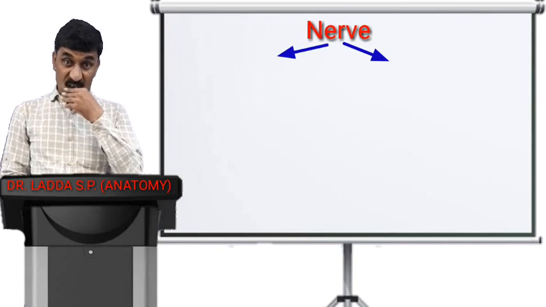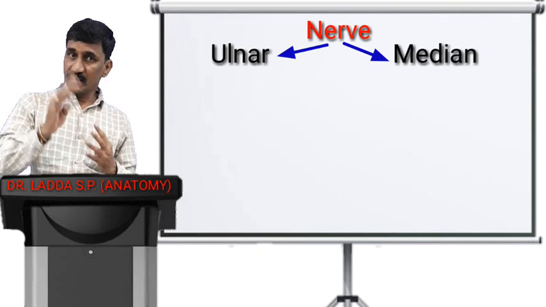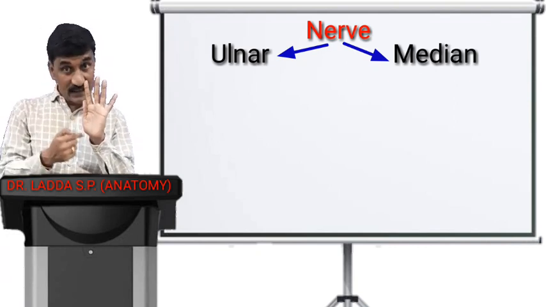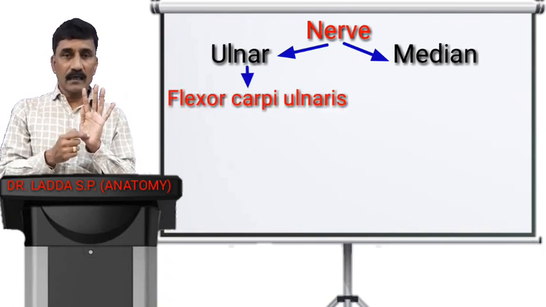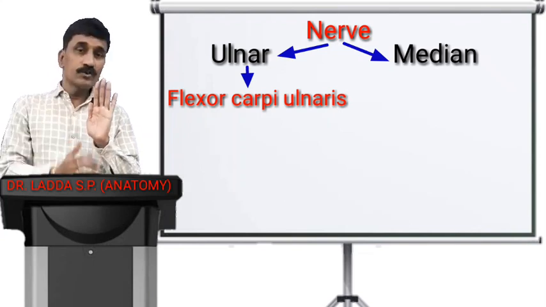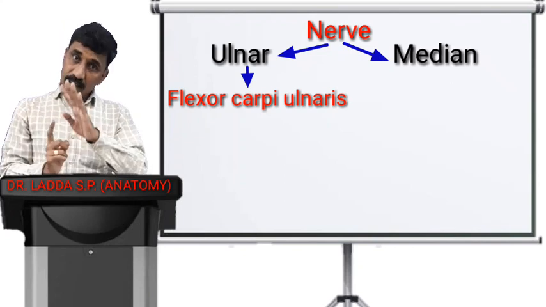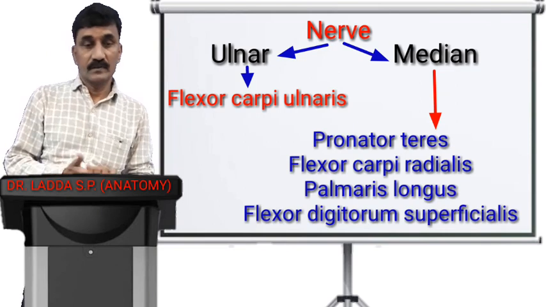Among the muscles of the forearm, we know there are 5 superficial muscles and 3 deep muscles. Among these 5 superficial muscles, the last one, flexor carpi ulnaris, is supplied by the ulnar nerve, and the remaining all 4 are supplied by the median nerve.